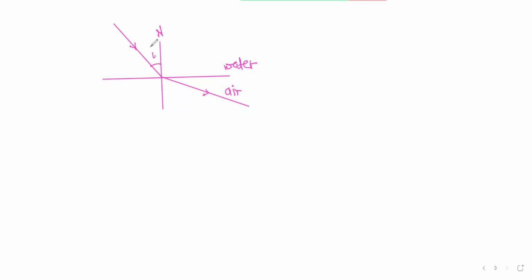So this is I, and this is R, angle of refraction. So here, I is less than R, and V in water will be less than V in air, or the other way around.